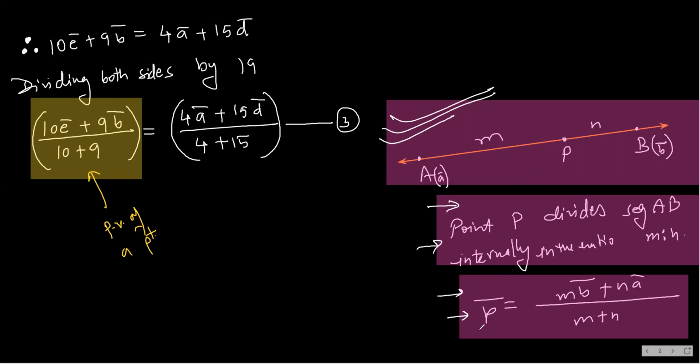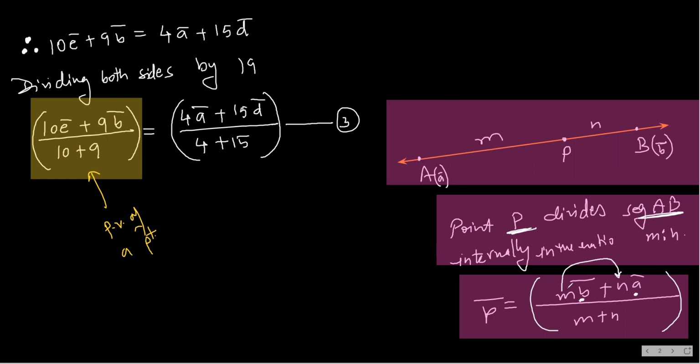Yes. And can I write the formula? Yes. Likewise, if I have the formula, I'll be able to write the statement and draw the diagram. So look at the formula. P bar is MB bar plus NA bar upon M plus N. So when it is MB bar plus NA bar, you say P divides AB in the ratio M is to N.